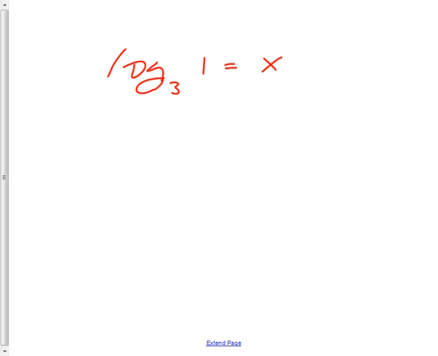Tell me what you wrote. 3 to the x equals 1. Go ahead. 3 to the x equals 1.